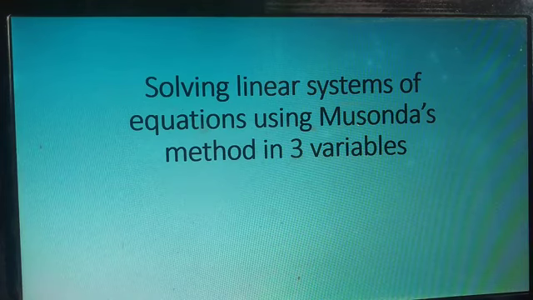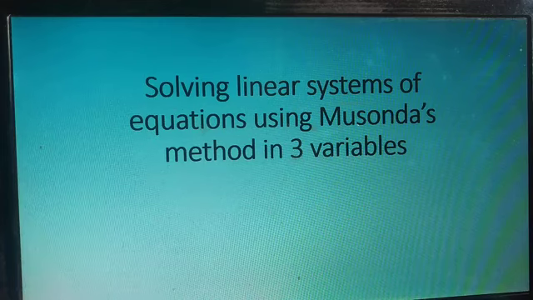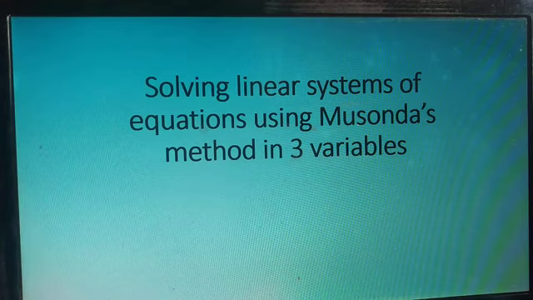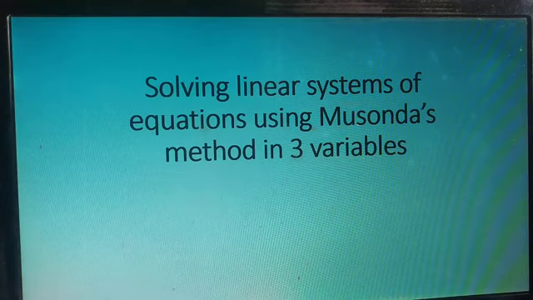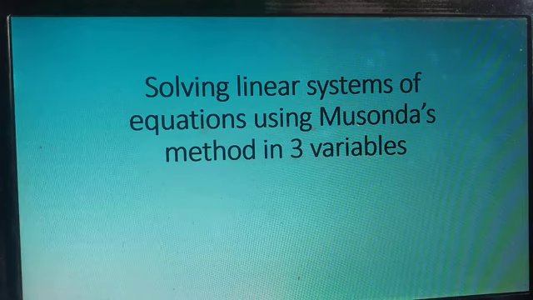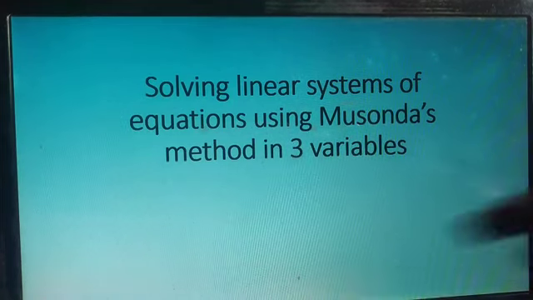Now remember the comparison of this method with Cramer's rule. Musonda's method uses 2 determinants to solve problems of 2 variables and uses 3 determinants to solve problems of 3 variables. So let's quickly look at the problem that we have.